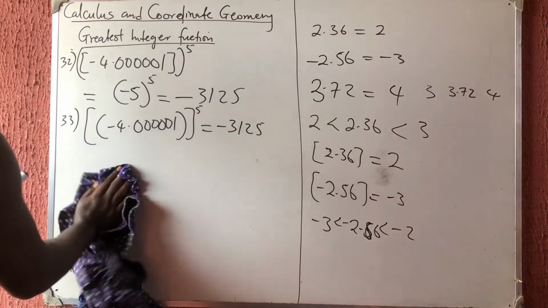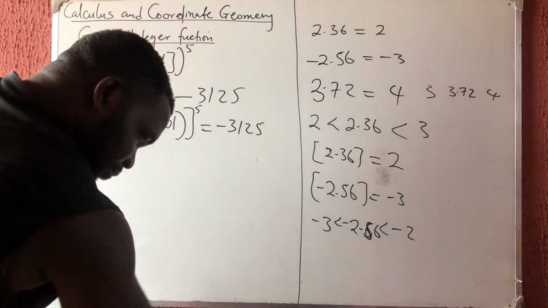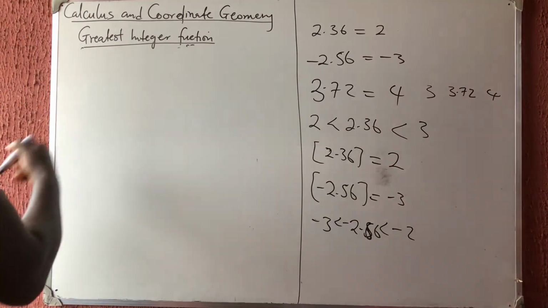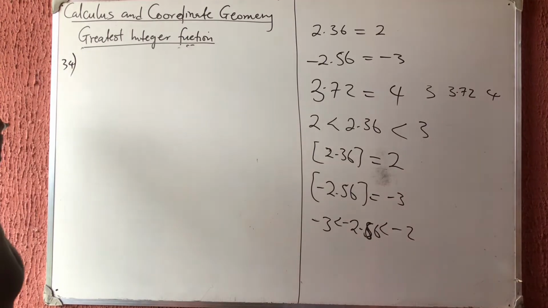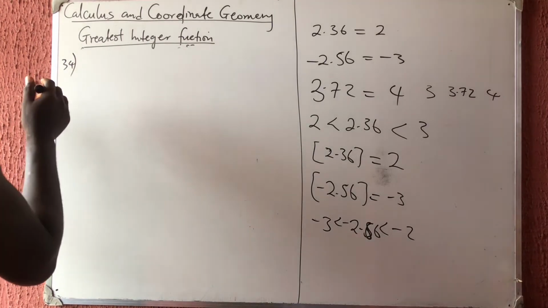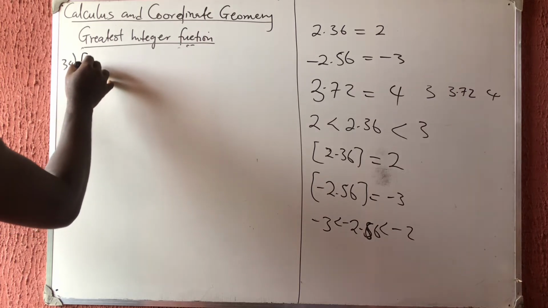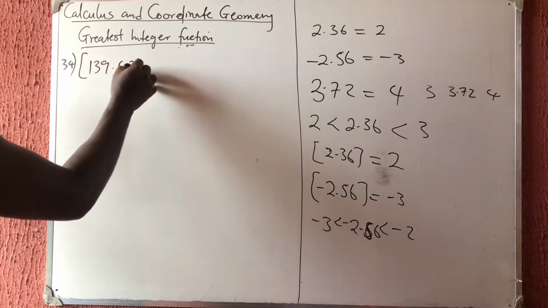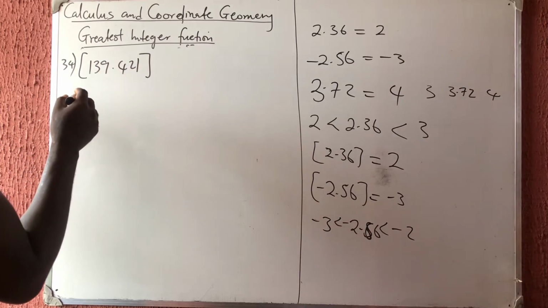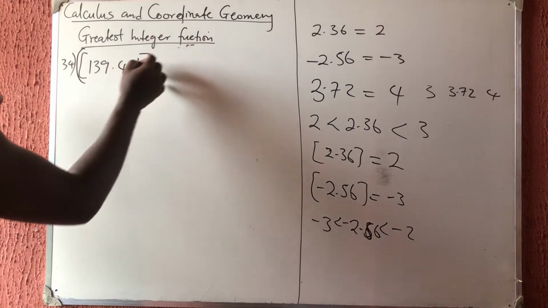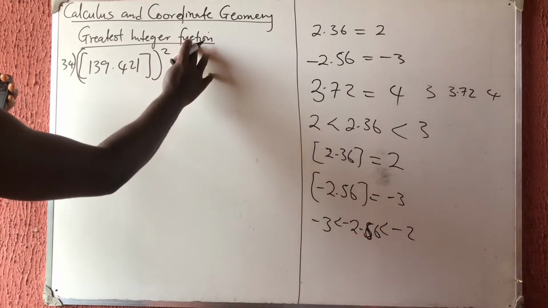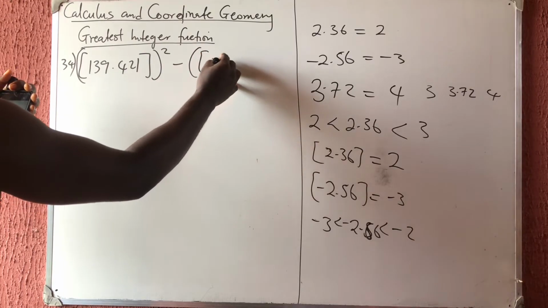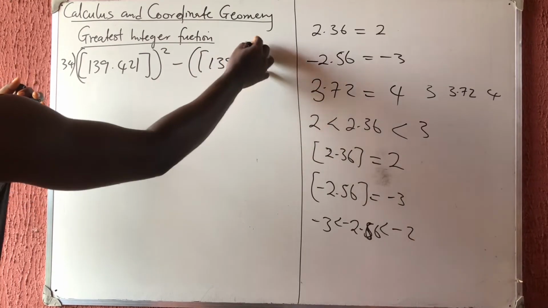All right, so let's go to the next question. Question number 34 said the greatest integer function of 139.421, all squared, minus the greatest integer function of 139, all squared.